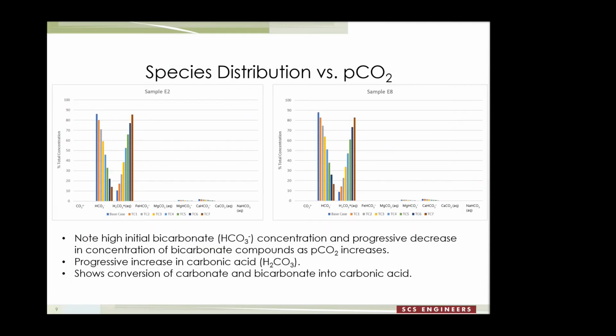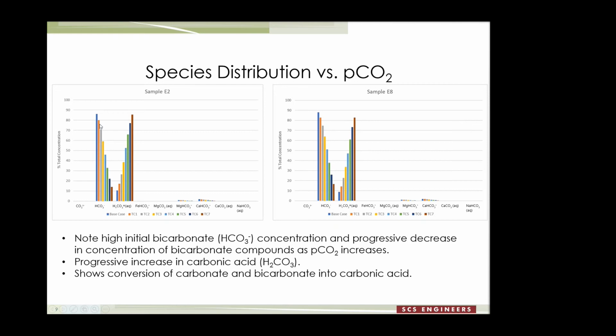Okay, so now we're moving into our species distribution results, specifically for samples E2 and E8. I want to point out our initial base case values. Note that we have an initial high bicarbonate concentration over 80% in both cases, and a low concentration, around or below 10%, of carbonic acid in both cases.